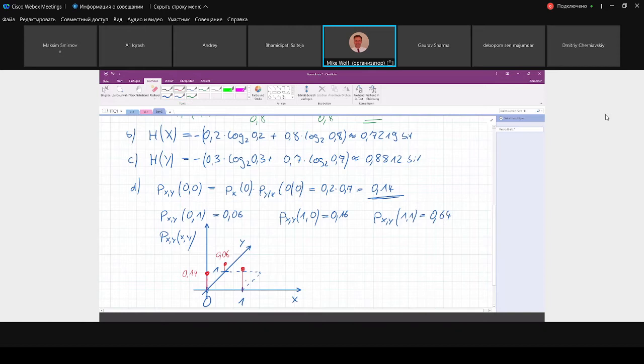And the other has the highest probability, 1, 1 is 0.64. It's, of course, two-dimensional to draw here.